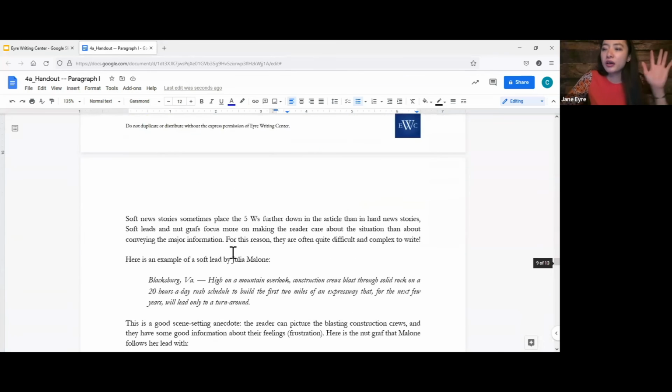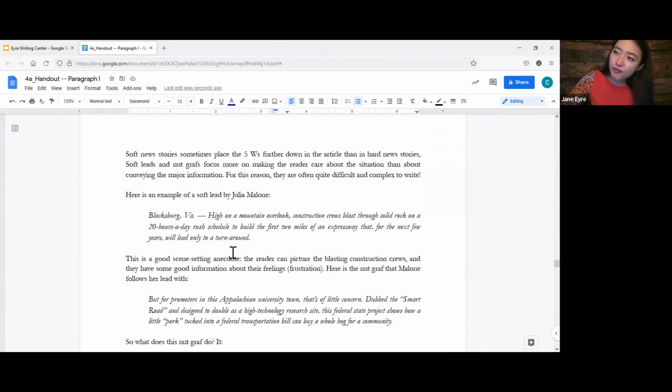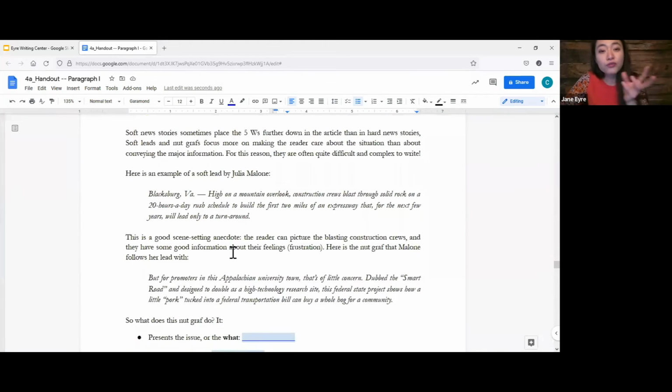Now, a nut graph is different when you're looking at soft news versus hard news, as I touched on earlier. When it comes to a soft news story, the 5 W's, well, they may take place a little further down than in hard news stories. The hard news story opens up with the hard news, like exactly what happened. Soft news, it's like, I want to draw my readers in first, okay?